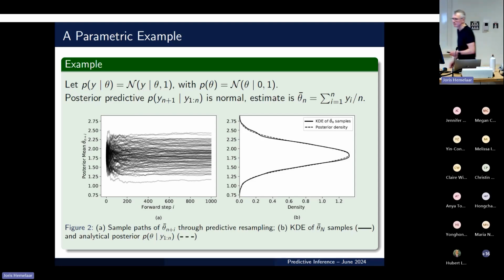This is a kernel density estimate. It's a way of turning this bag of samples into something I can compare to the true Bayes posterior, which I know is normal. Essentially, if you think about these as Monte Carlo samples, you would then construct intervals from them.